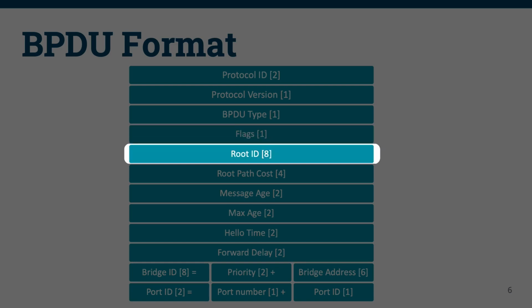The root ID is the bridge ID, or BID, of the bridge that the advertising switch believes is the root bridge in the topology. Recall that this field will be updated as each switch receives a superior BPDU, causing it to believe that a new bridge is the root.